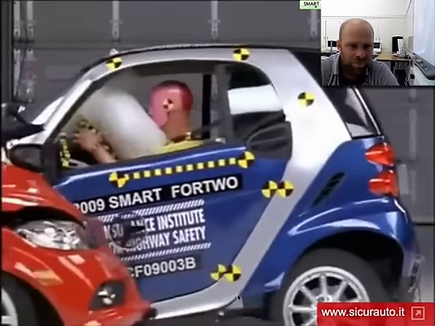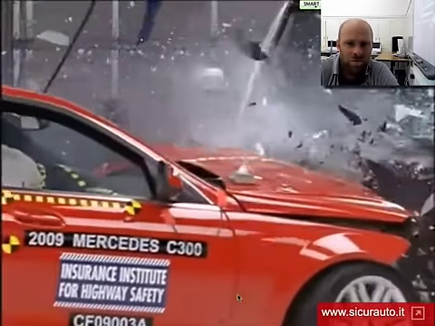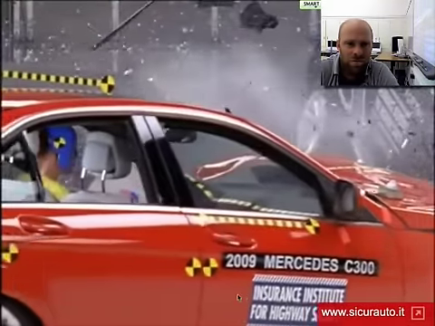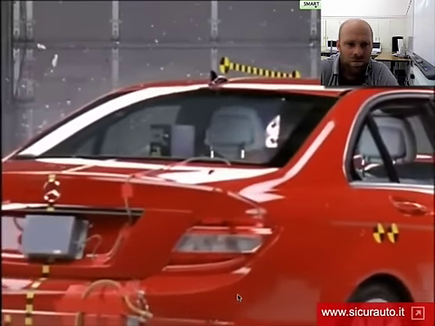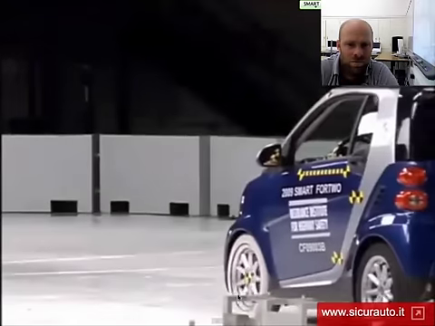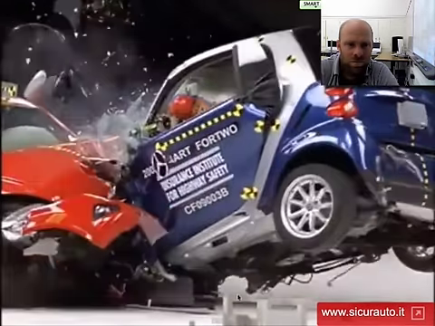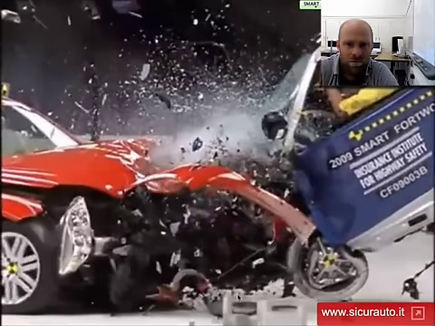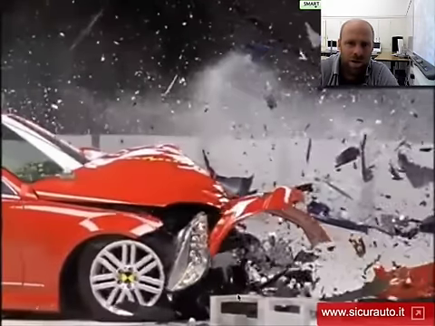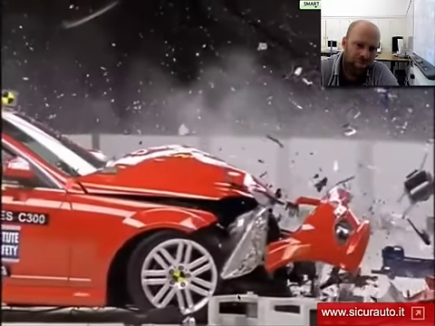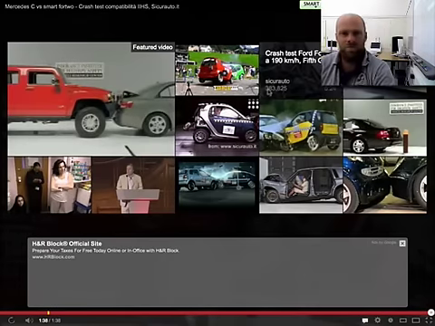Here's another view of it. High-speed camera. All right.